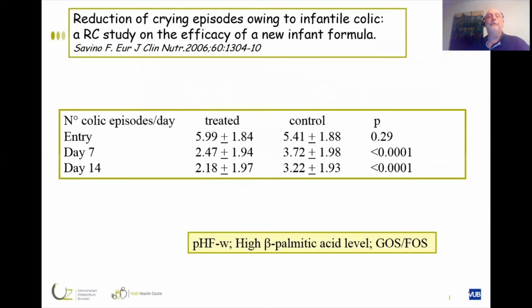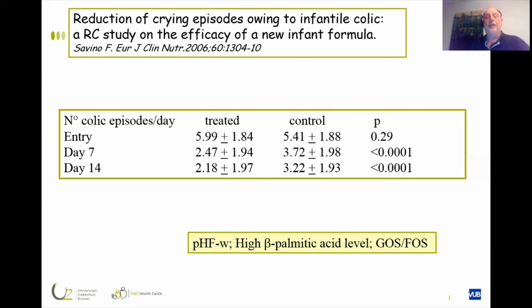What about crying? Well, this is a study in infantile colic with a partial whey hydrolysate, high beta palmitate, and prebiotics, showing a significant reduction in the treated group and also a reduction of the crying time in the control group, illustrating the importance of reassurance and the natural evolution towards decrease of the infantile crying.